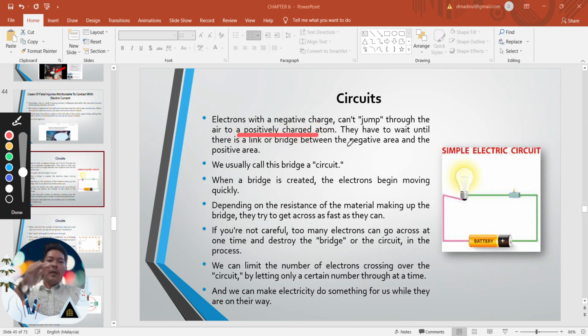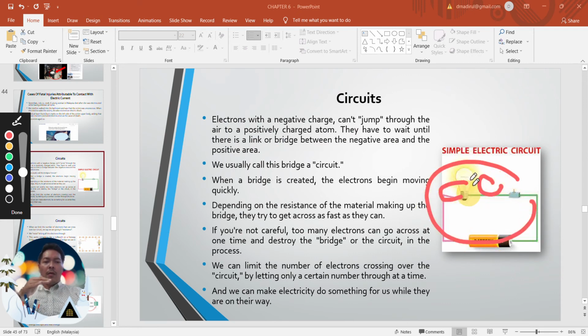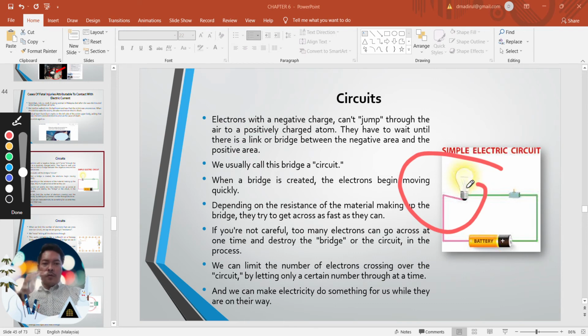But it has to wait until there is a link or bridge between the negative area and the positive area. So the electron cannot jump from here to here because it needs a bridge. When there is a bridge, only then can they jump from the negative area into the positive area. We usually call this bridge a circuit.